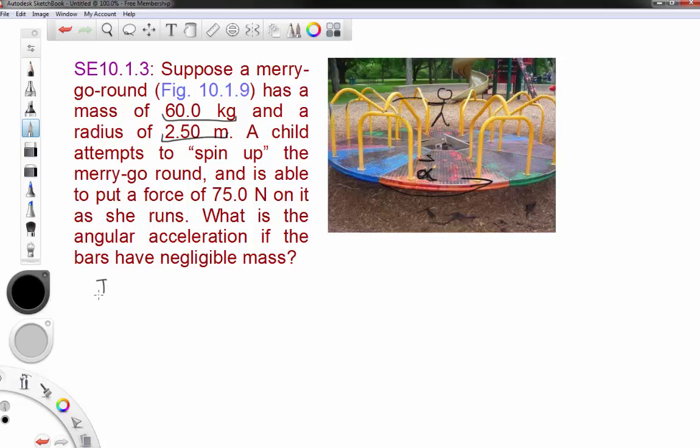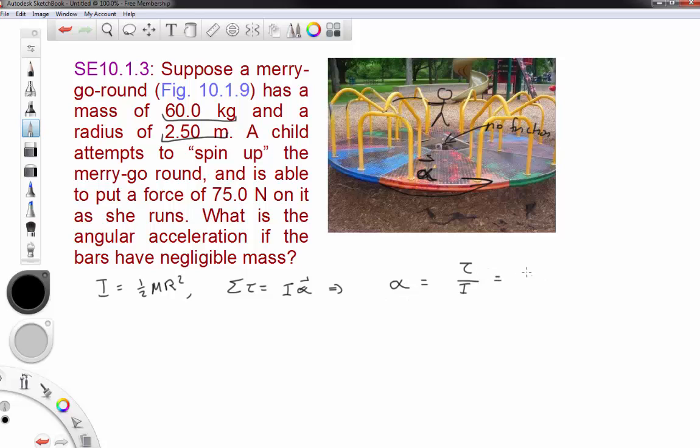So basically we write I is equal to 1/2 mr squared, and the sum of torques is equal to the moment of inertia times the angular acceleration. So all of this basically tells us that the angular acceleration should be equal to the torque from the child divided by the moment of inertia. We're assuming that this is basically frictionless, so no friction for this merry-go-round.